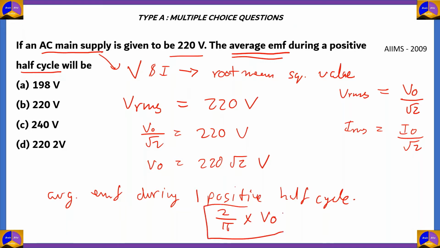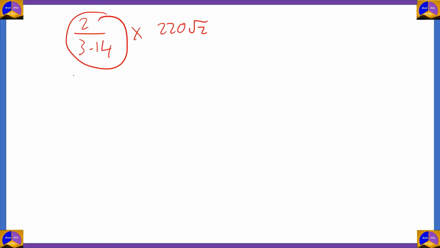So this is the formula for the average EMF during one positive half cycle. 2 by pi is 2 by 3.14 into the value of V naught, which is 220 root 2. When you divide 2 by 3.14, you get a constant value of 0.63. And then we have 220, and the value for root 2 is 1.41.